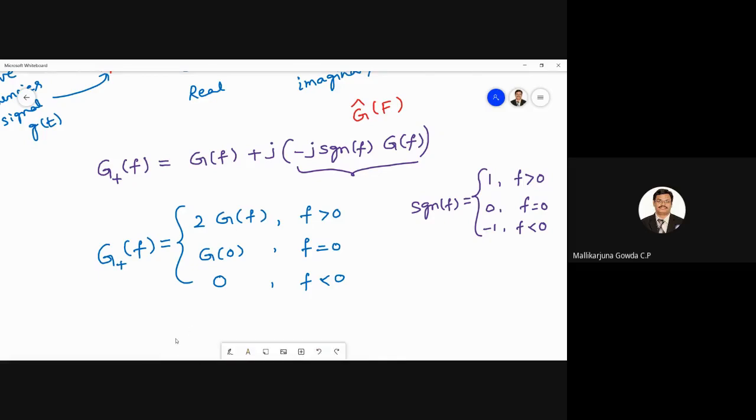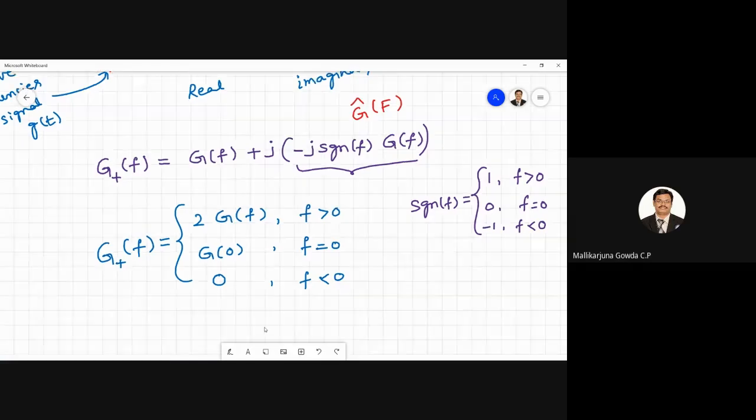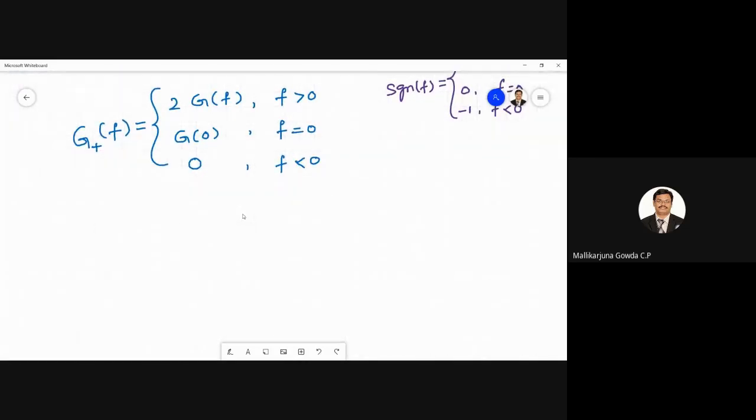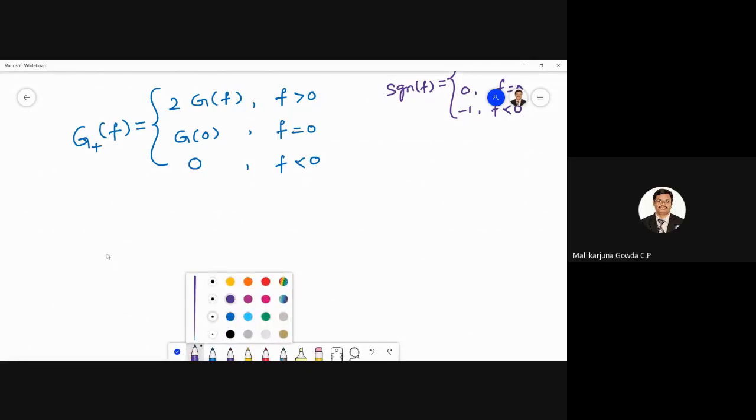Okay, so to understand with the graphical representation of the signal, let me give this example. Let me consider my standard signal, that is the triangular signal, what we used to consider.